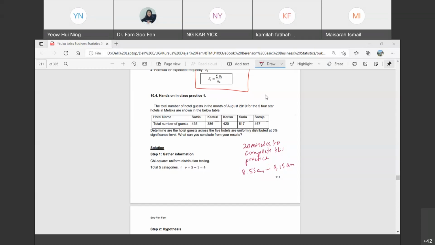Another 2 minutes. For those who have finished, please upload to the Padlet. For those who cannot finish, also upload to the Padlet. As I said, Padlet is just temporary for me to check your work.